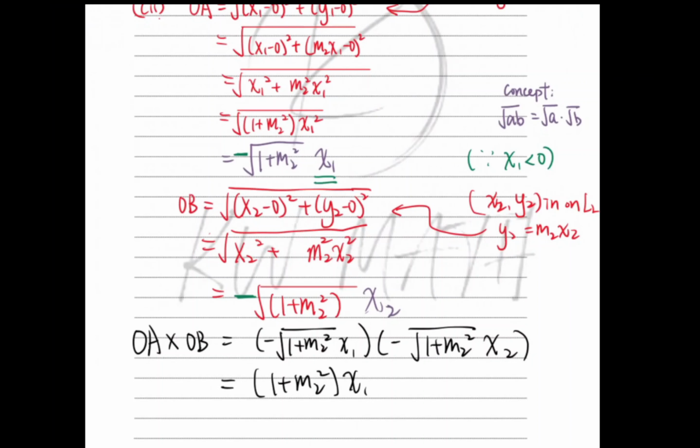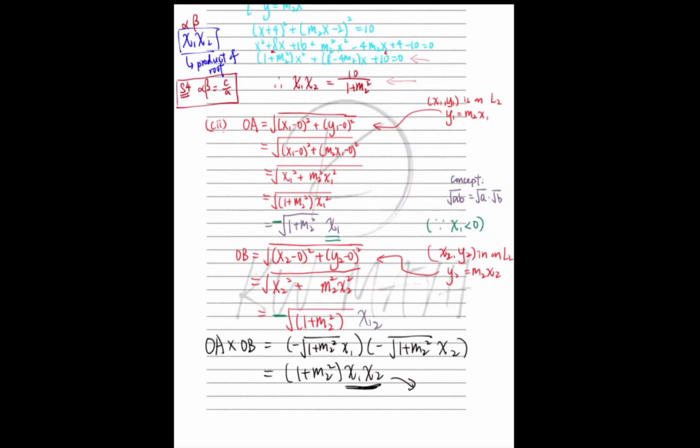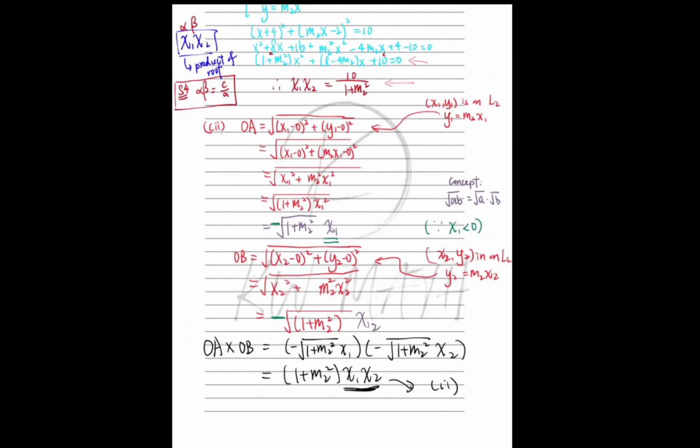And then x1, x2. And what is x1, x2? By here, you are using the part C1. So you get 1 plus m2 square and then 10 over 1 plus m2 square. Cancel them out. You get OA times OB is actually equal to 10.